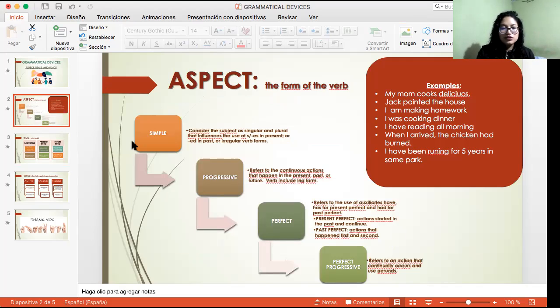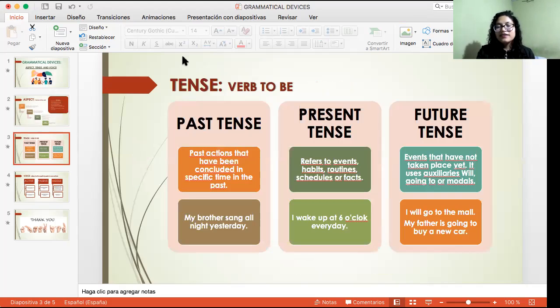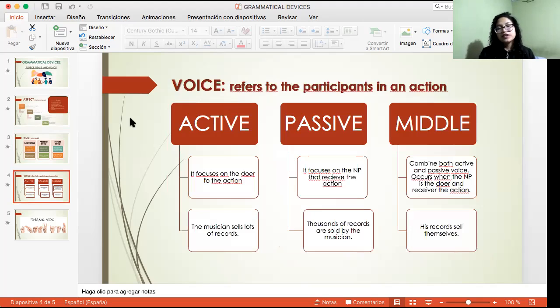The tense is the change or adapting of the verb to be in the tense. It can be past, present, or future. And here we have the voice, which refers to the participants in the action, and this is the focus of it.